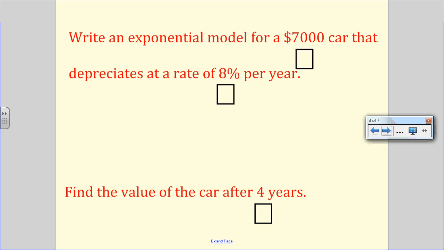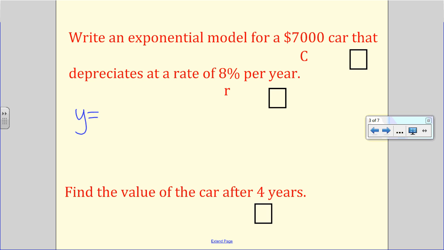Write an exponential model for a $7,000 car. That's our C value. If you need to go through on these word problems and label C and R, walking around, it looks like most of us are getting the right numbers in the right spots. It's just manipulating that model. And it depreciates at a rate of 8% per year. So when we talk about that model, we're going to have y equals our initial amount, $7,000, multiplied by 1.